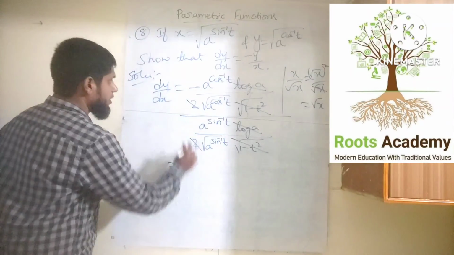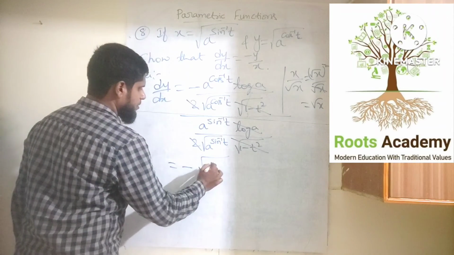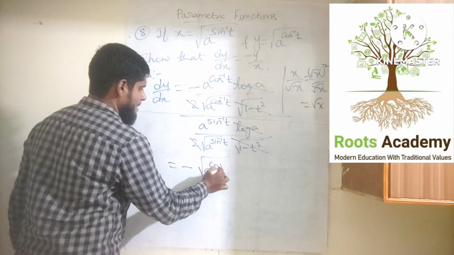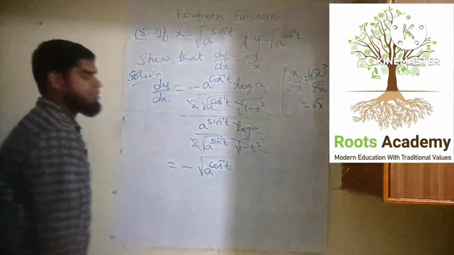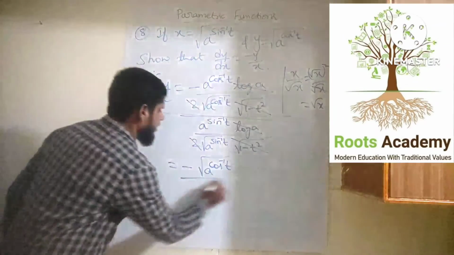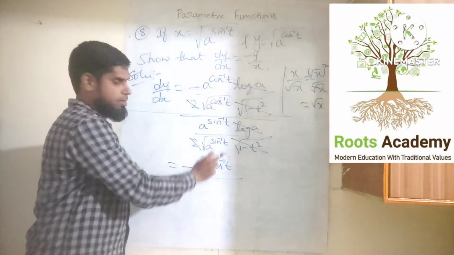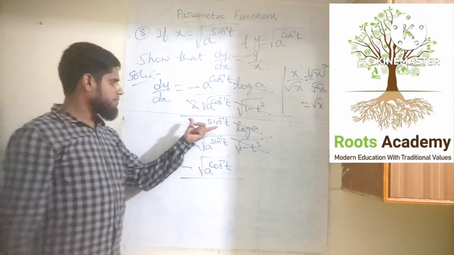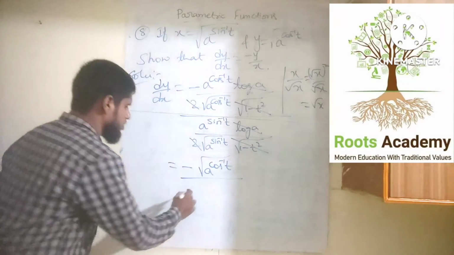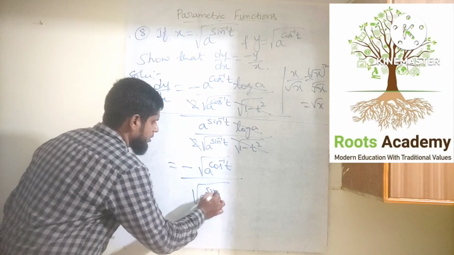According to that, minus as it is, I can write root of a power cos inverse t combined together, divided by, the same thing exists here, but instead of cos inverse it is sin inverse. If this is my x, in the denominator I have root x. So this can be written as root of a sin inverse t.